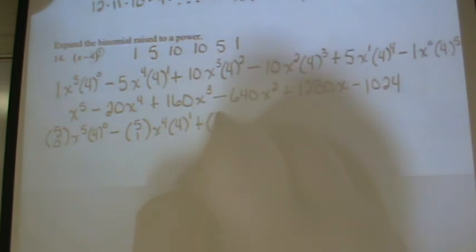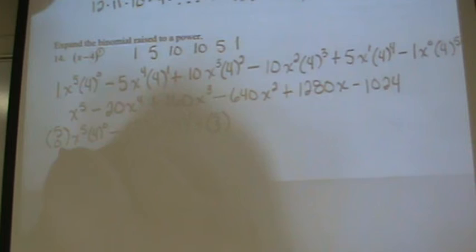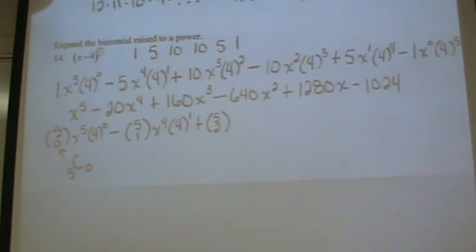Plus our next combination would be a 5 and a 2. Remember, these are not fractions. These represent the combinations. So the first one was C5, 0. This one is C5, 1. Those are not fractions in the parentheses, they represent combinations.